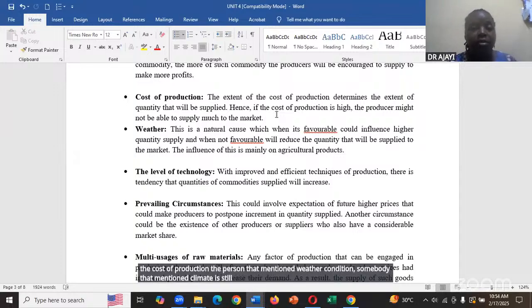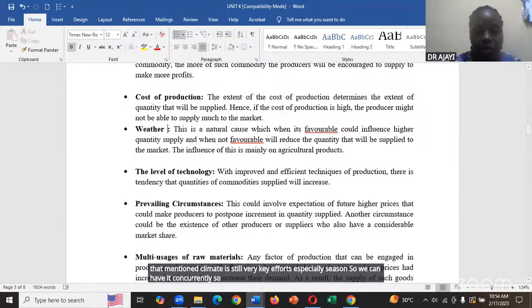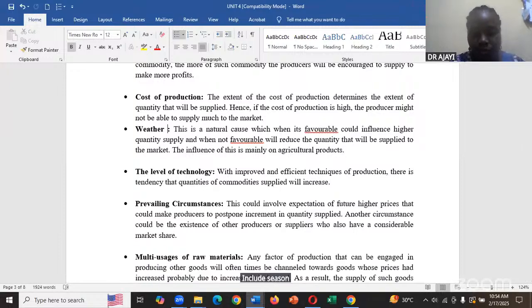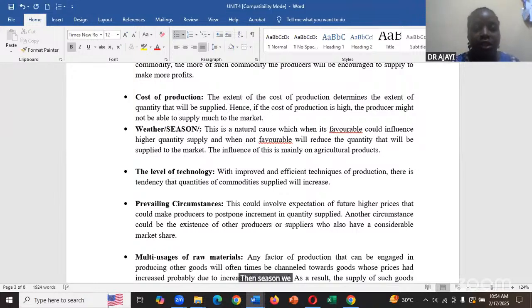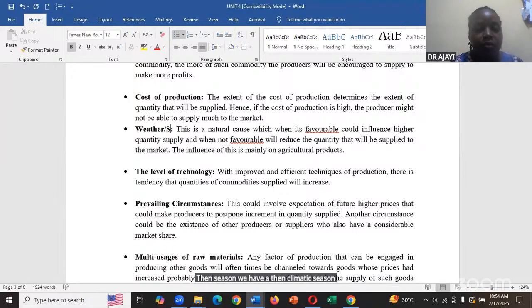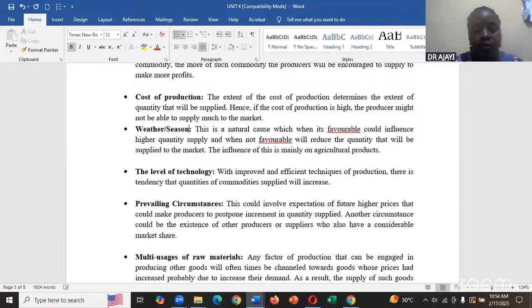It affects, especially season. So in this material now, let me include season, then climatic season, then climate.